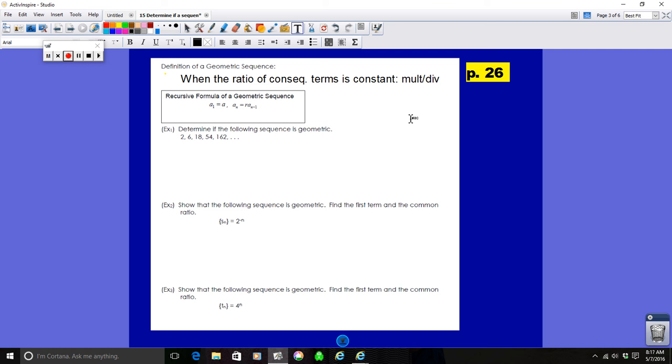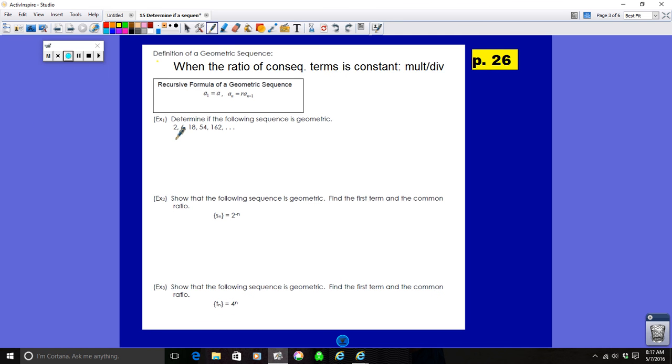So what you're looking to do is to show that between our consecutive values here, we are multiplying by 3 each time. Since we're multiplying by 3, this is geometric.